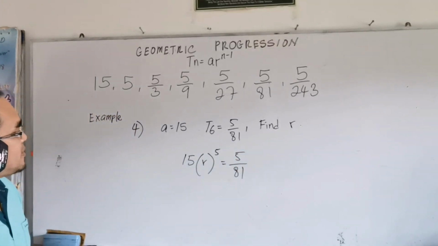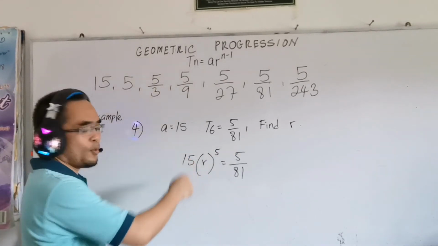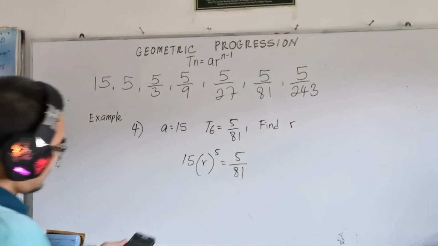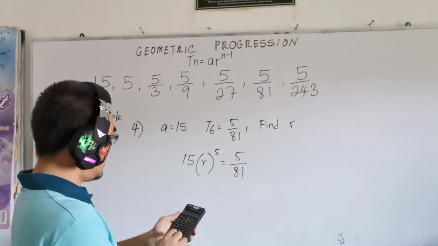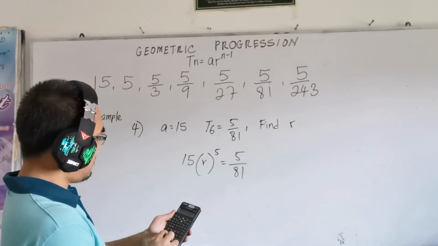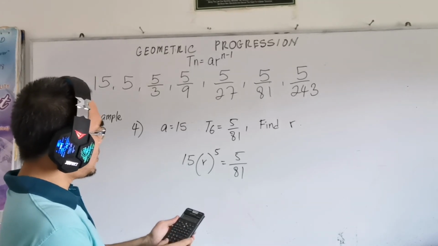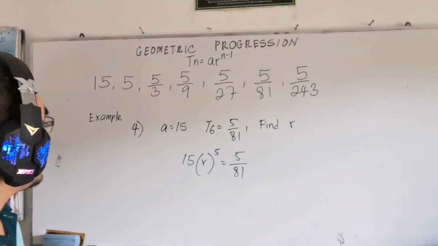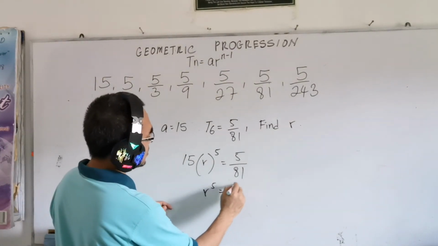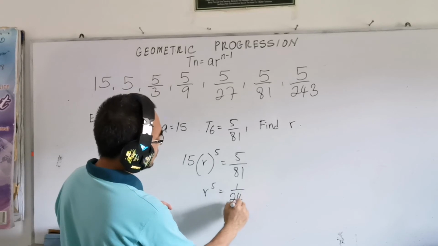So how to solve this? First, 5 over 81 divided by 15. 5 over 81 divided by 15, you get 1 over 243. So R to the power of 5 equals to 1 over 243.